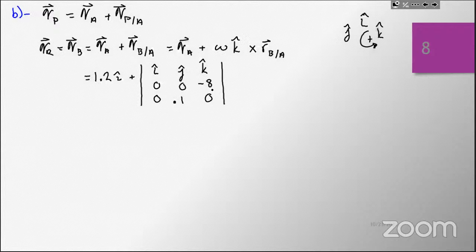Well, this is 0 times 0 minus 0.1 times -8. That whole thing is in the I direction. How do I know it's in the I direction? Because we're doing it in the I direction, but if you didn't remember that, J cross K, remember? I drew it on the slide here. J cross K gives me positive I.